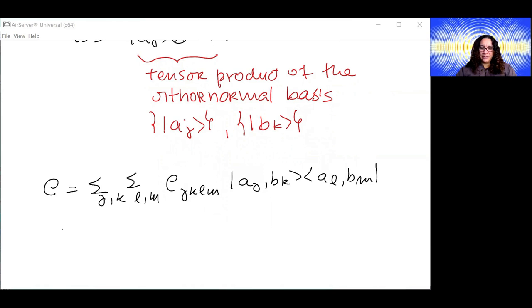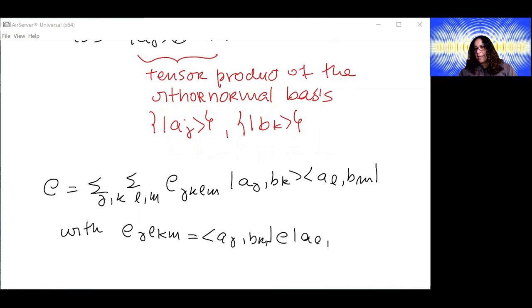And here we have whole JLKM is AJ BK sandwiched with whole and the cat is then ALBM. So far, so good.